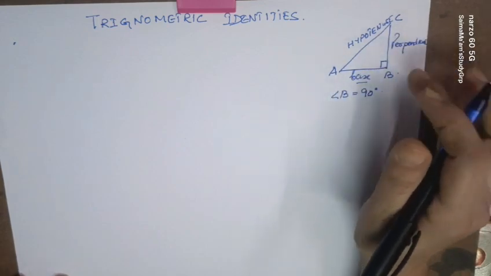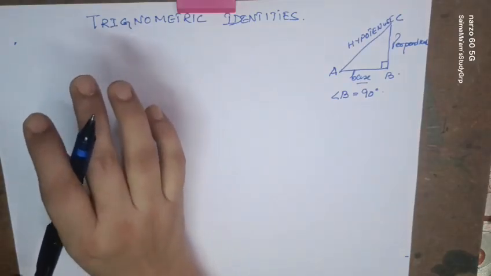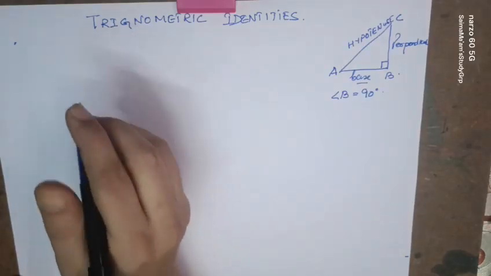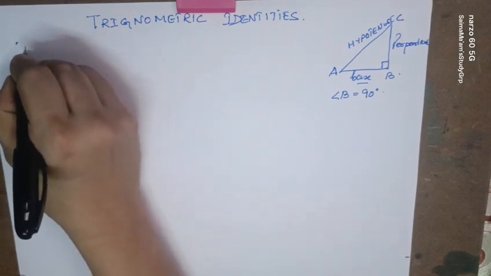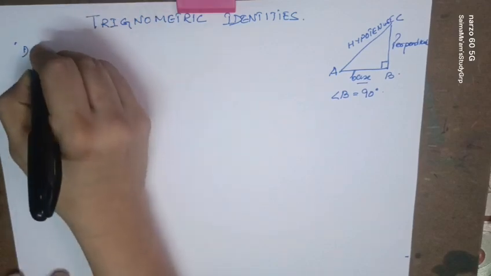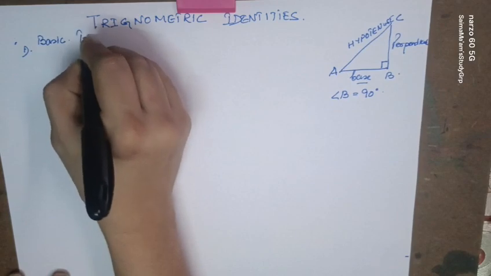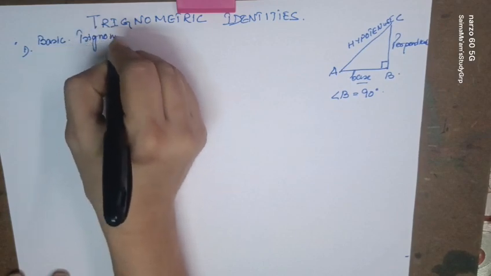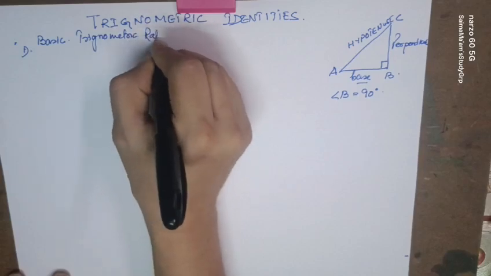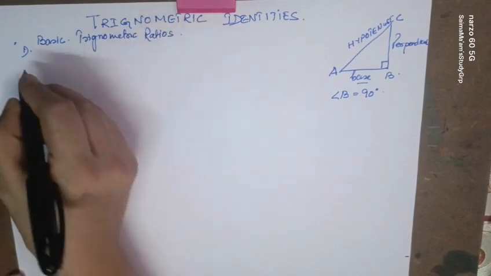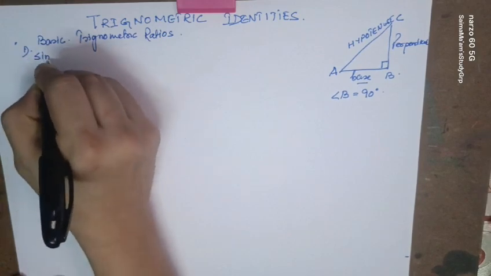Now for trigonometric identities, we are supposed to know the basic trigonometric ratios. Okay. So let's do the basic trigonometric ratios. These are also known as T ratios. The first one is sine.